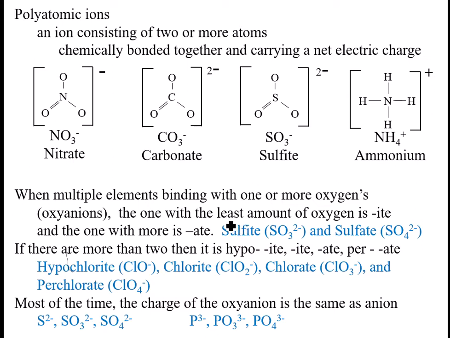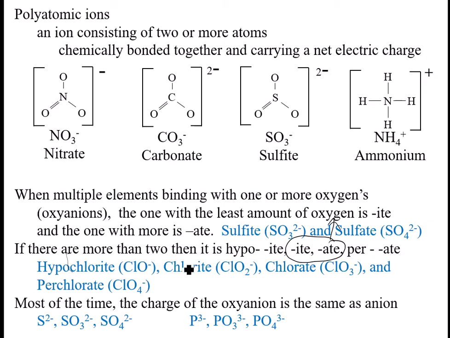The one with the least amount of oxygen is the ITE. The one with the most amount is ATE. So sulfite is SO3 2 minus, sulfate is SO4 2 minus. And then if there's more than 2, then I have hypo-ite and per-ate. So I say less than is hypo-ite, or more than is per-ate.